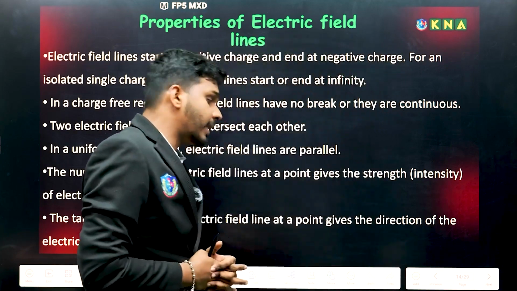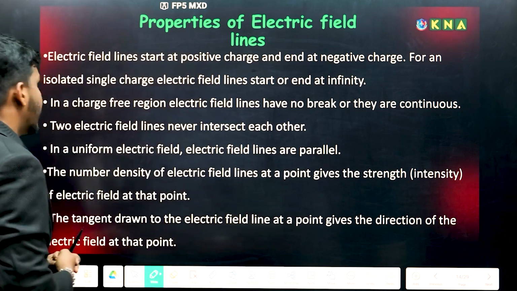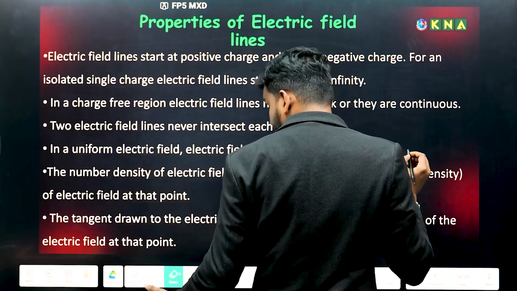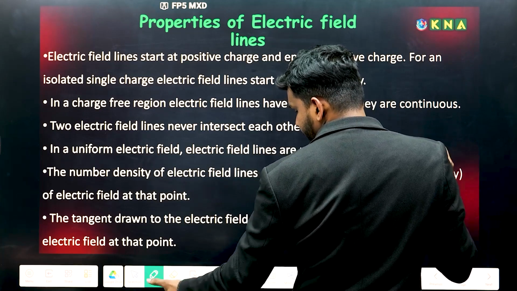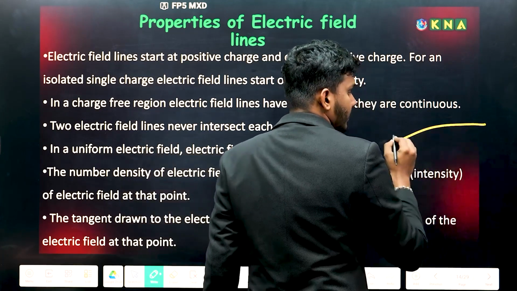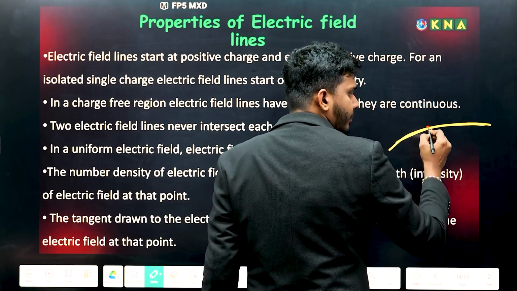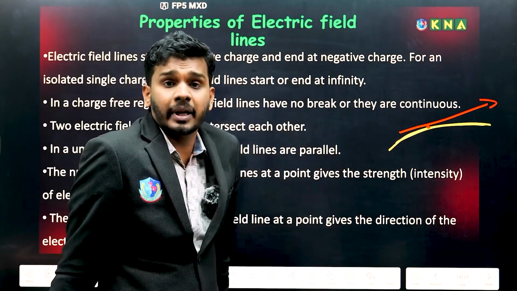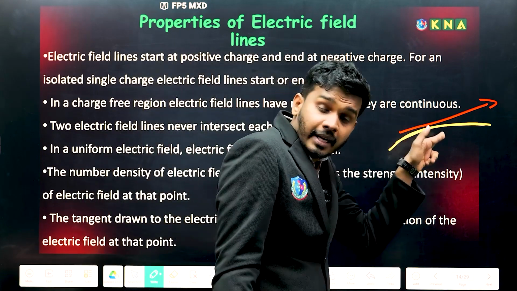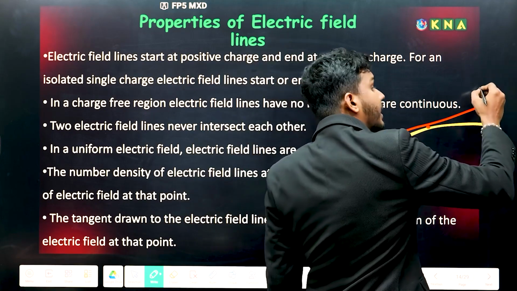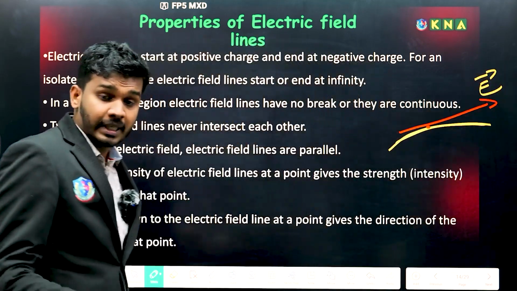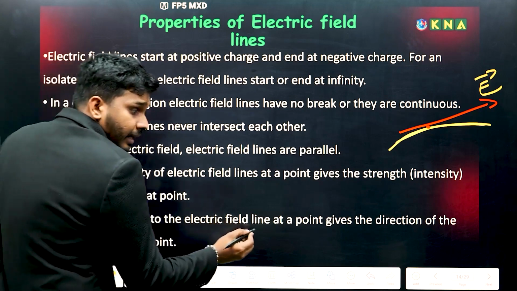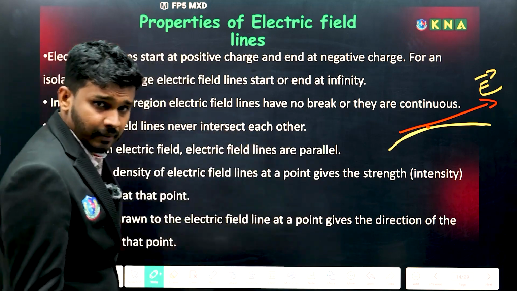The reason: if you draw the tangent at any point on an electric field line, the tangent gives the direction of the electric field.